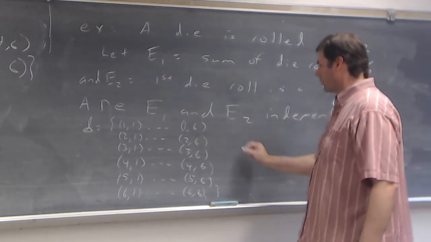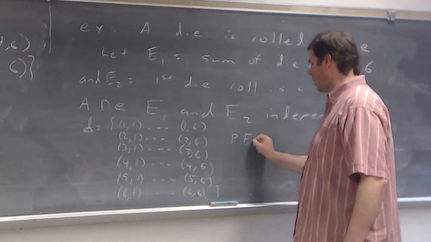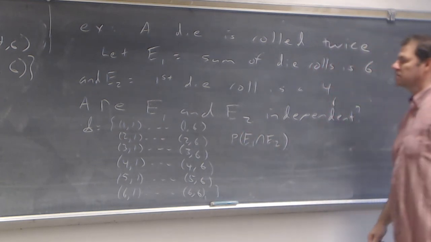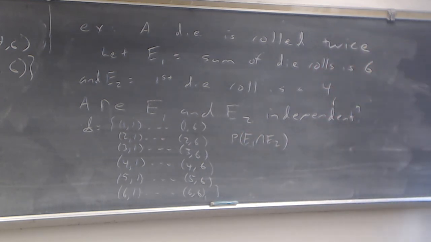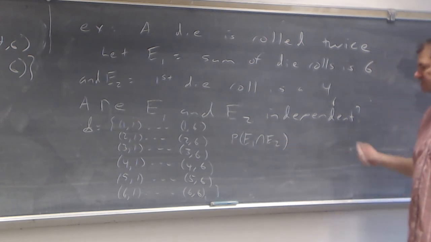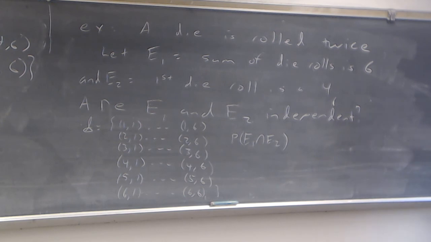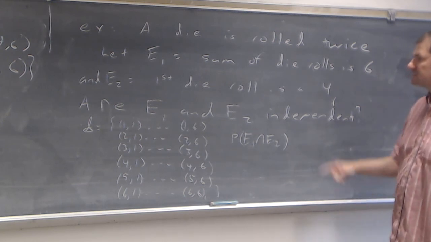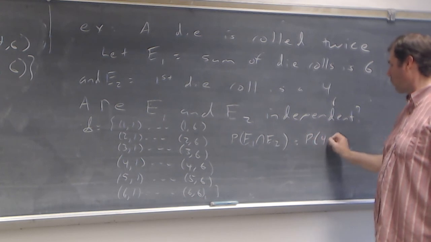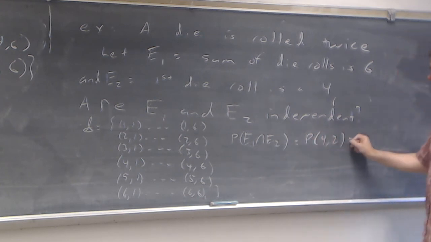And so the probability of E1 intersect E2, let's look at it for a second. I'm trying to determine whether these are independent or not. I need to see if the probability of E1 intersect E2 is equal to the probability of E1 times the probability of E2 or not. So the sum of the die roll is 6 and the first die roll is 4. This really means that you're looking for a 4,2. And so that happens 1 out of 36 times.